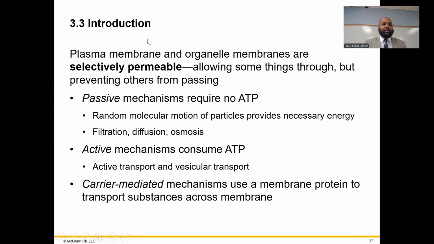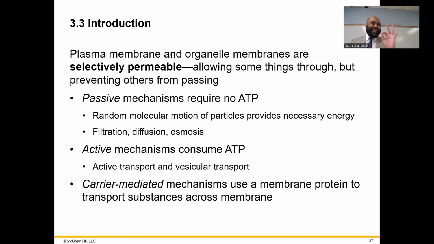Now we are into permeability. We have discussed that in the past. In a selectively permeable membrane, what are the factors that drive the movement? The plasma membrane and organelle membranes are selectively permeable. That means the membrane of the cell, the plasma membrane, is differentially permeable: it does not allow anybody to get in or anyone to go out.